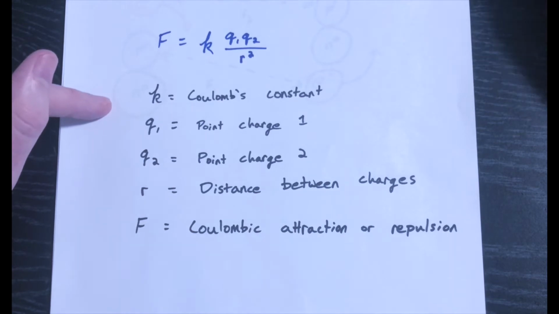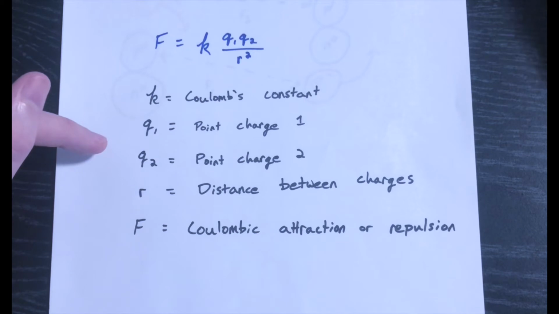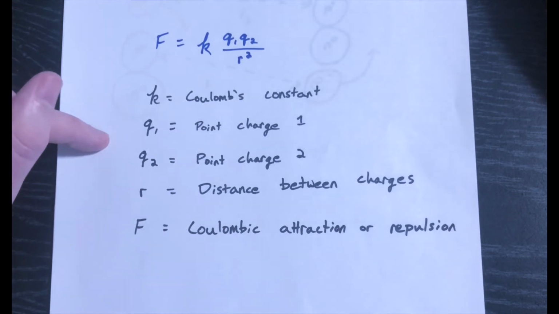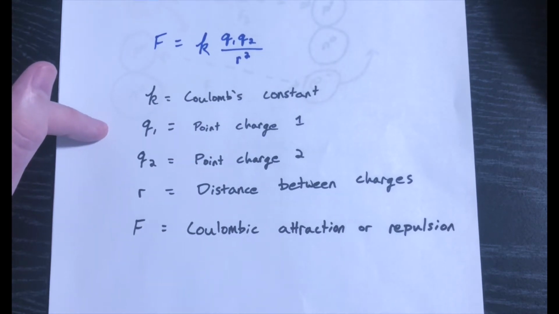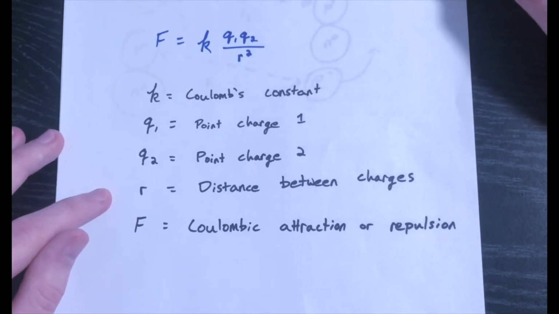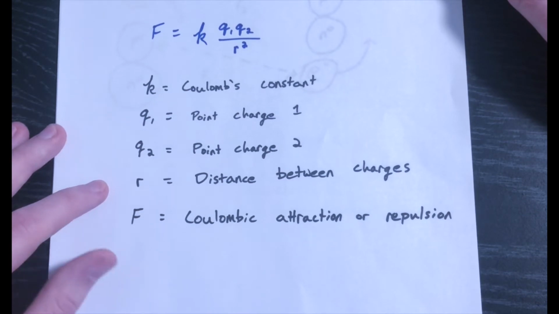For example, in our context, protons would be +1, and electrons would be -1. They do have specific charge values expressed in the unit of coulomb, but we're not going to talk about that here. We just want to understand the basics. And then r is the distance between the charges, which is typically in meters or some unit like that.